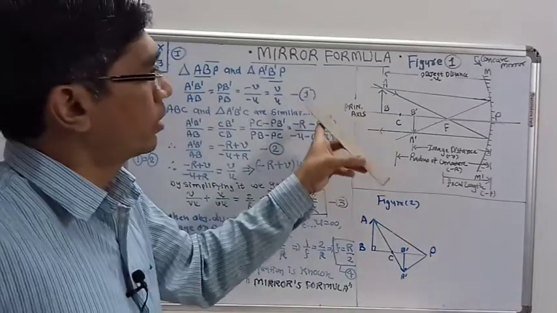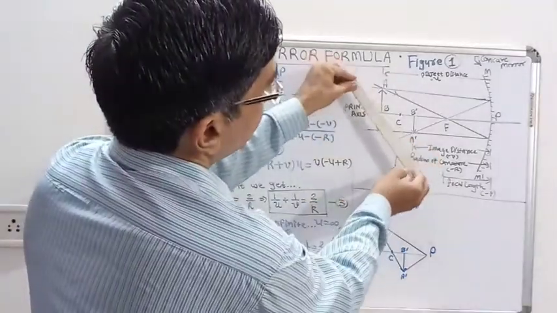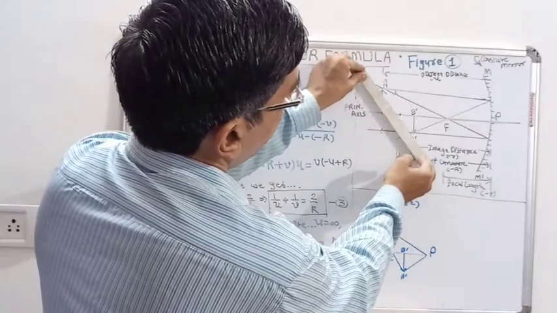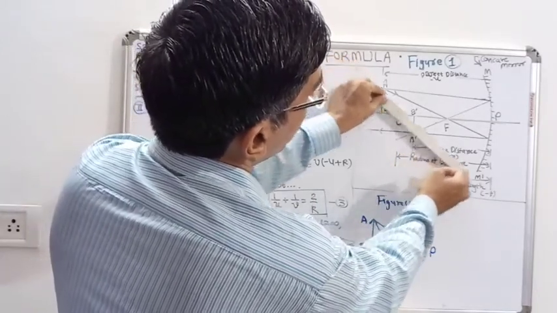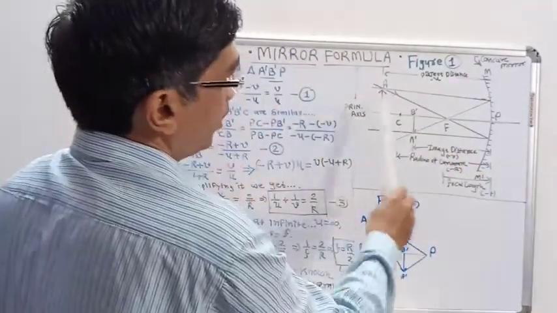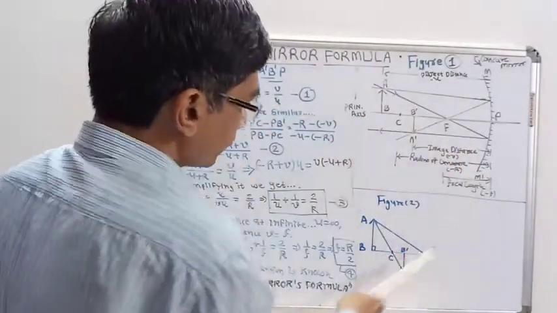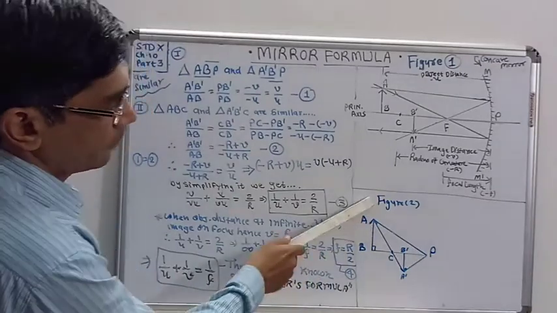We can also take another ray which passes from the object point A through the C point and is incident on the mirror, as given in the second figure.